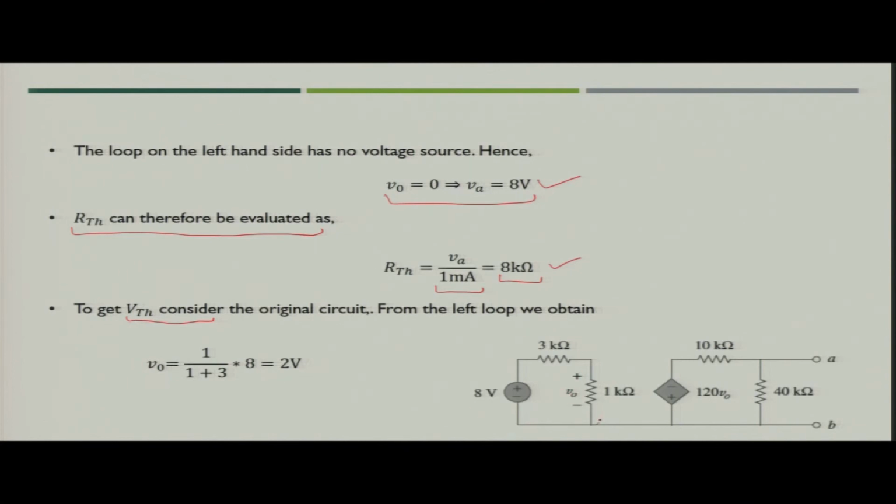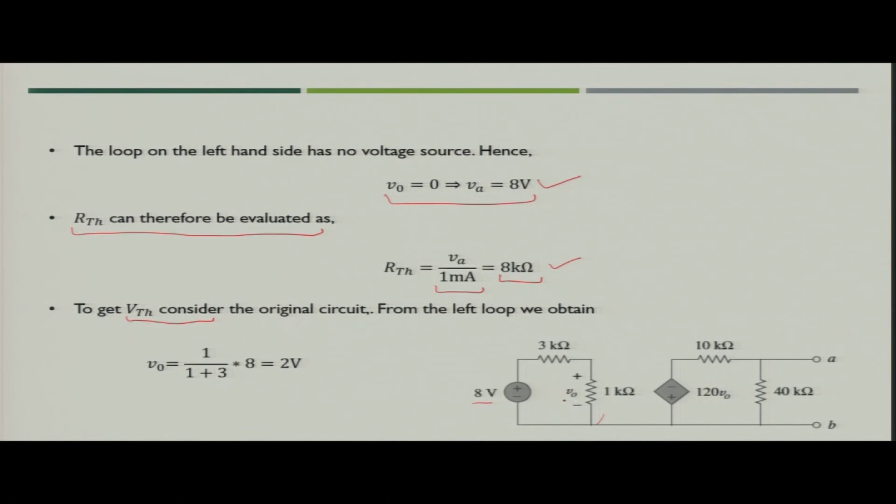If you see this segment, the 8 volt is supplying current to both of the resistances, that is 3 kilo ohm and 1 kilo ohm. So, this is nothing but a voltage divider circuit.